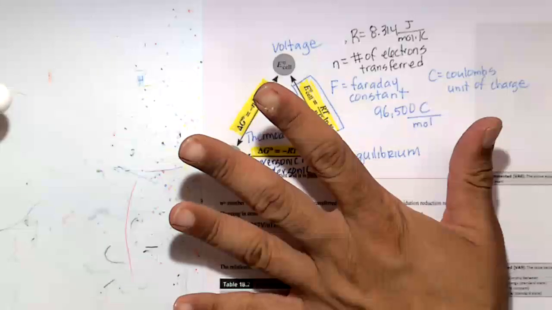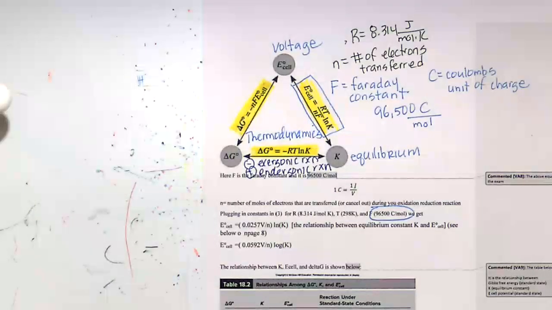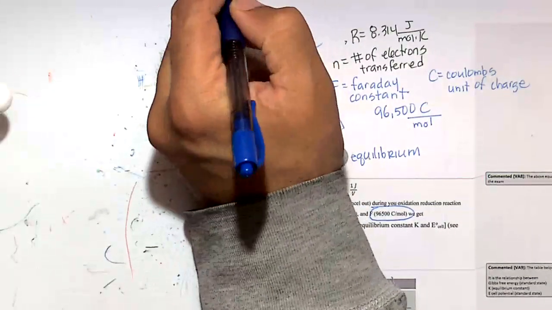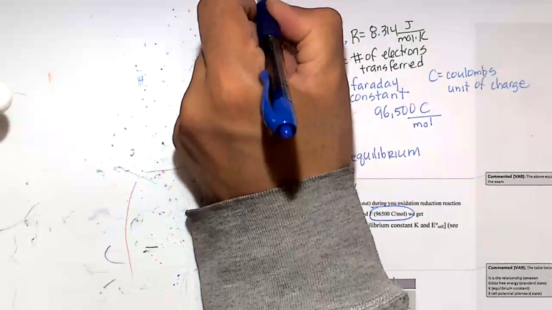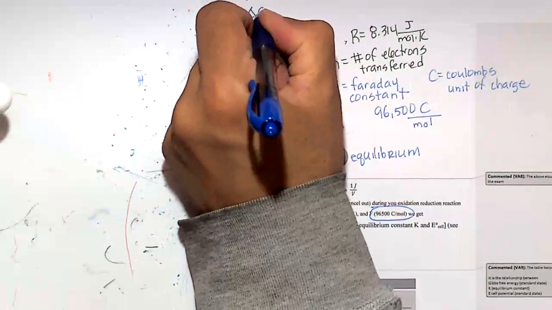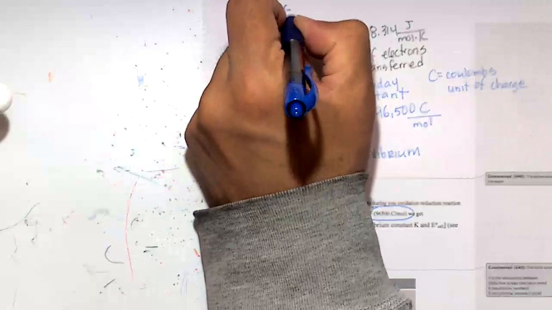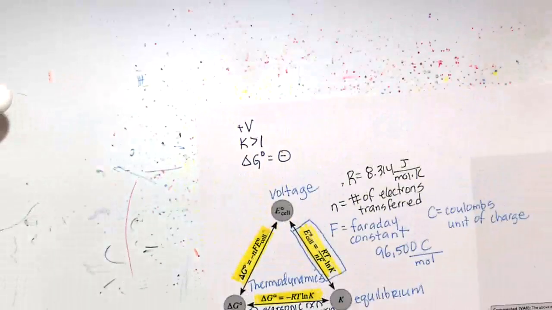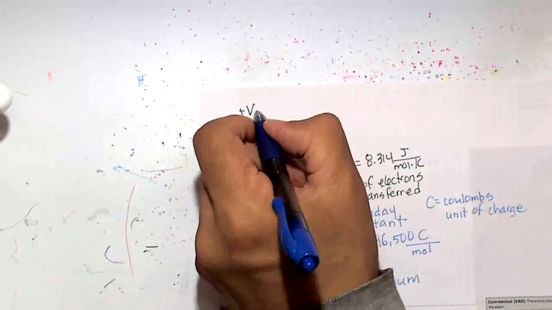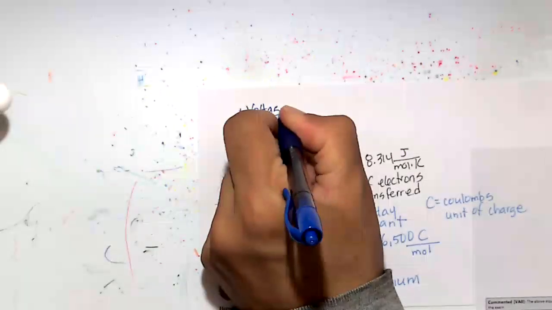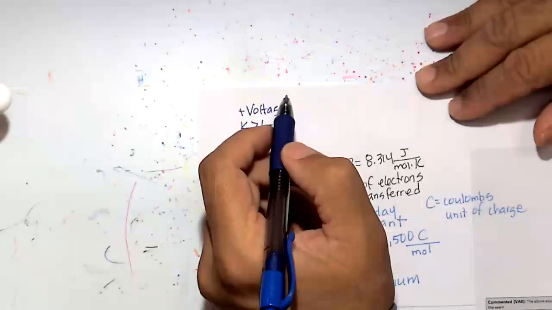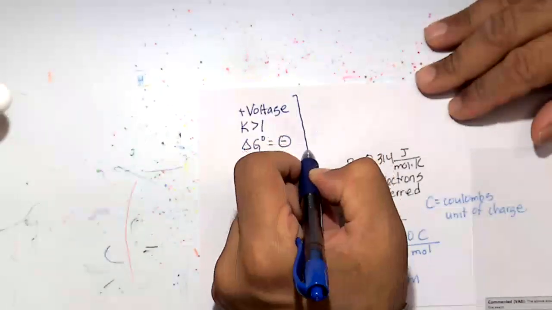All right, I'll give you these equations on the exam, but can we go from thermo to equilibrium to a battery? Let's review here. If you have a positive voltage, a K that's really large, and a delta G, standard state or non-standard state, that's negative, what do all of these three represent?